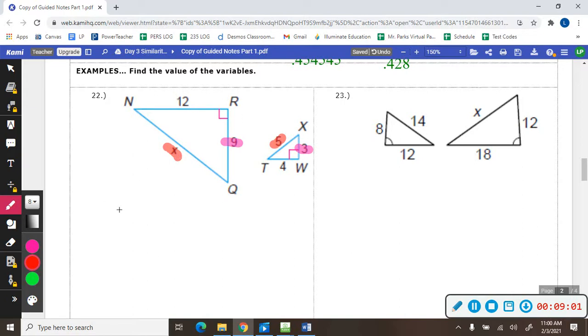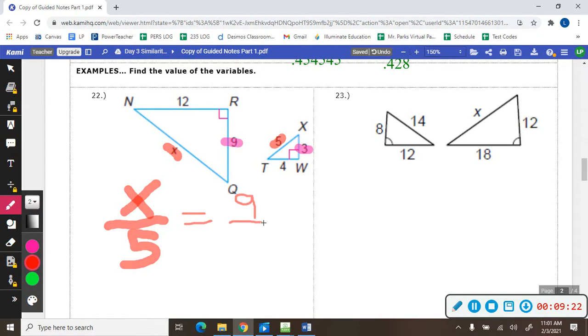So I can set up my proportion, and my proportion could be x to 5 is equal to 9 to 3.